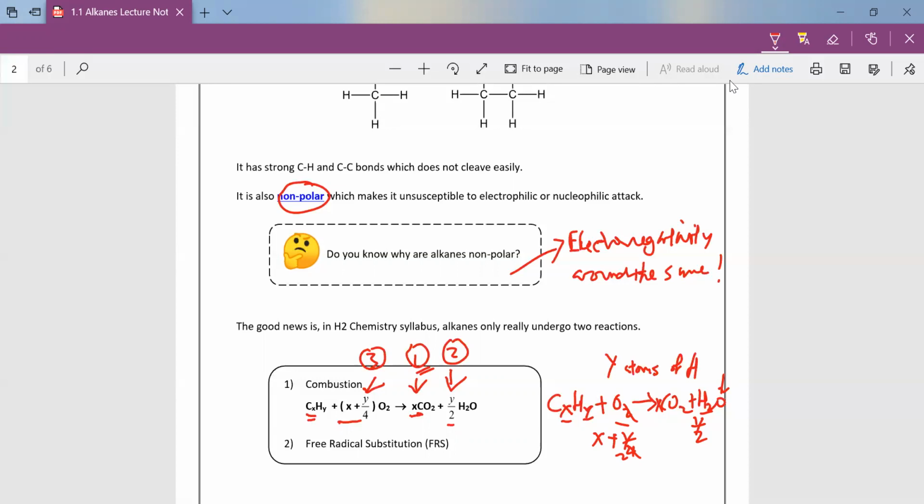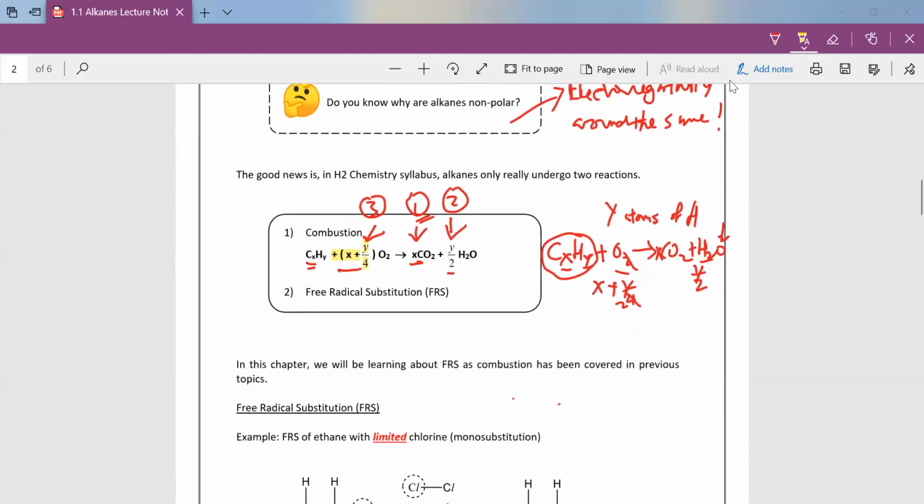So take note of the sequence of how you balance it. Even if you're faced with other formulas of organic compounds, you can basically just make changes to this part of the equation. That's the most important part.